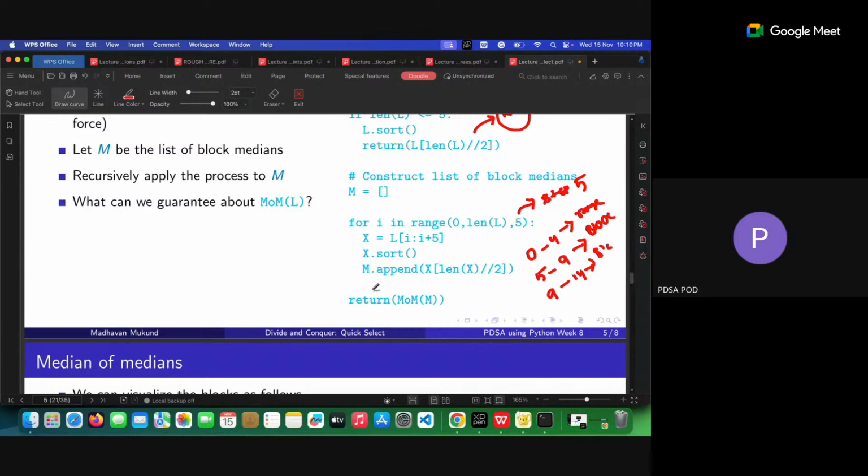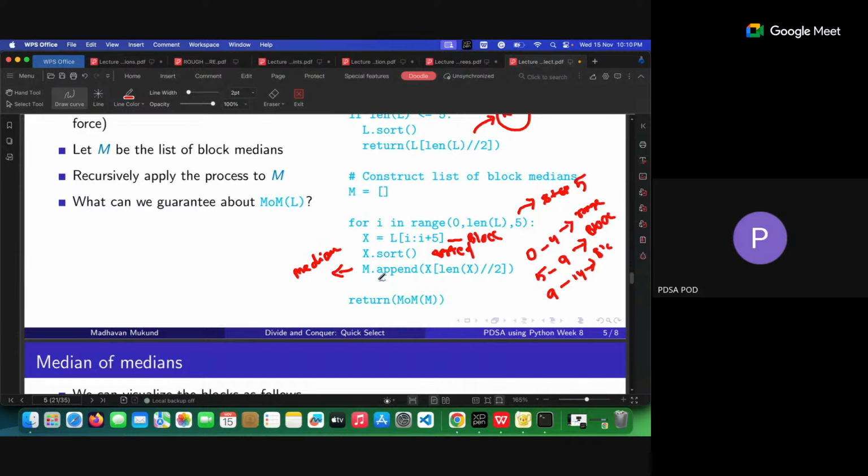Each block is selected and the block is sorted. Once the block is sorted, we find the median element.